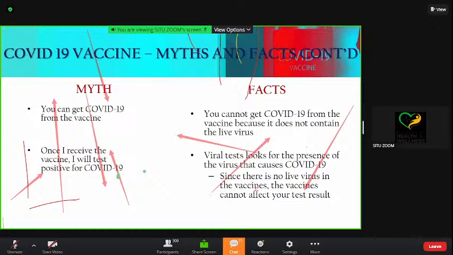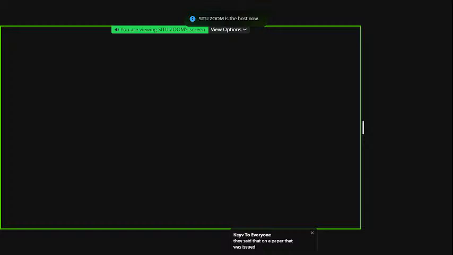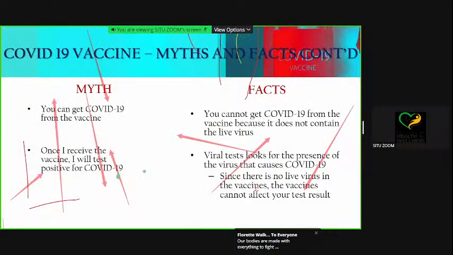So I take the vaccine... Antibody. You're going to have antibodies.